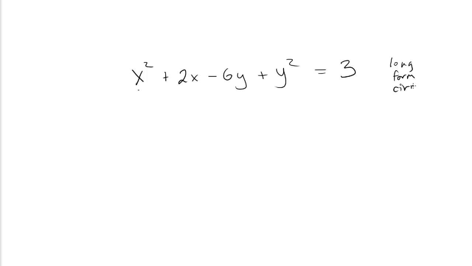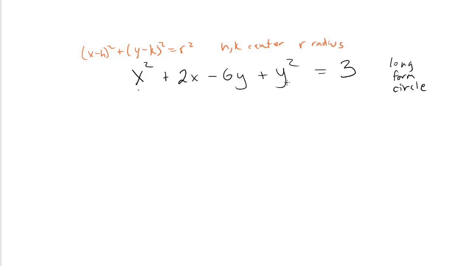A little different than our standard form circle equation, which, as we saw last time, was (x minus h) squared plus (y minus k) squared equals the radius squared, where (h, k) was the center of the circle and r is the radius of the circle.